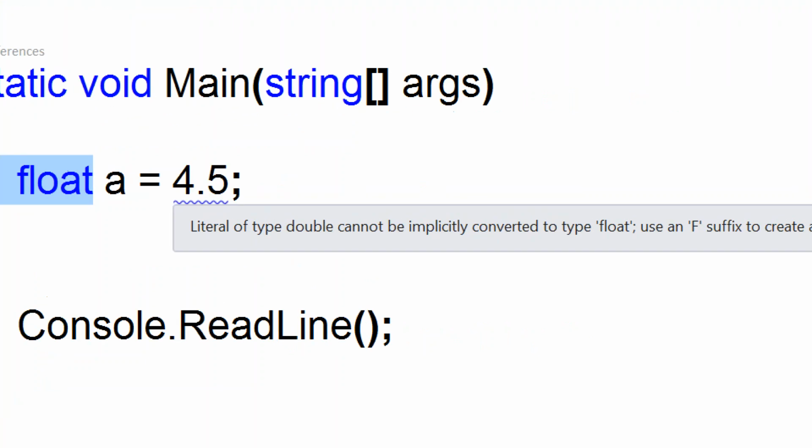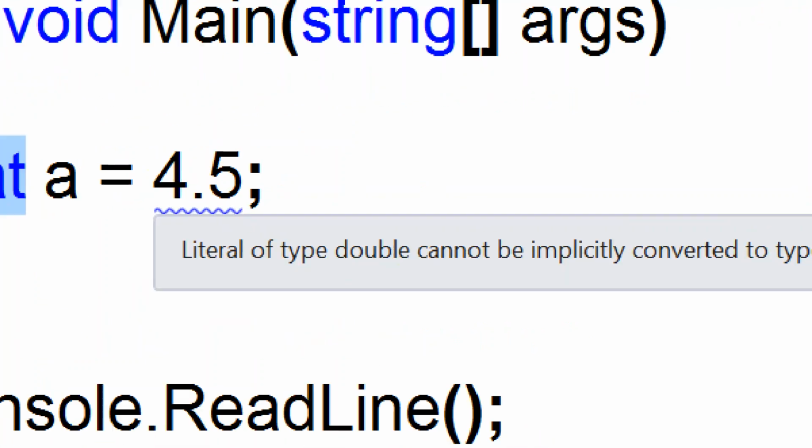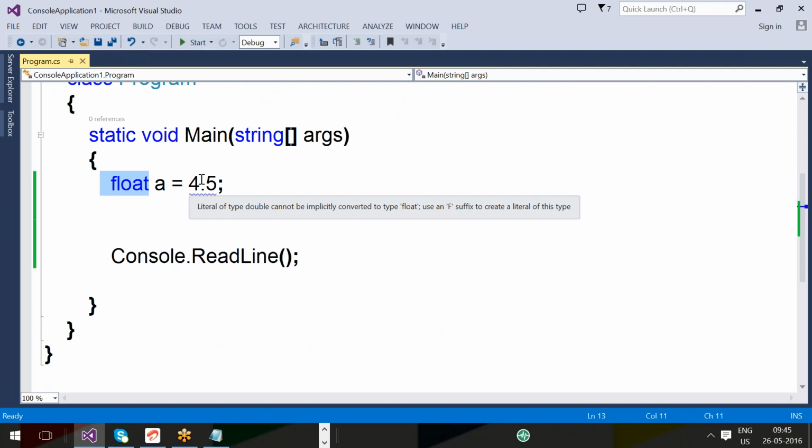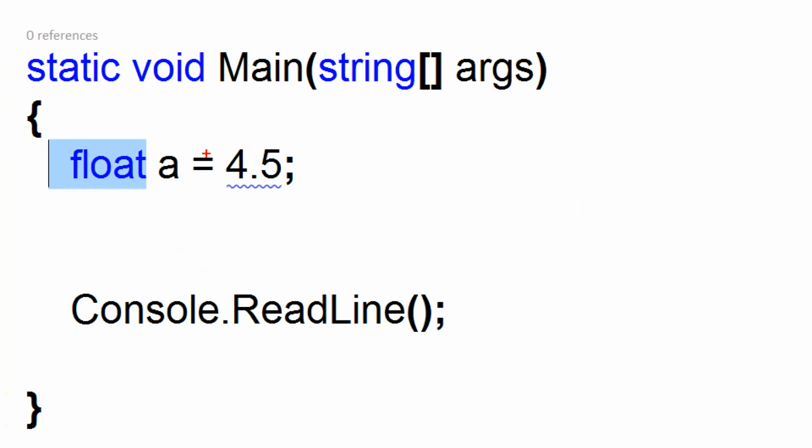Value type is what you know, double. Because by default in C# .NET, floating data type is double. By default, the floating data type is treated by the compiler as double.